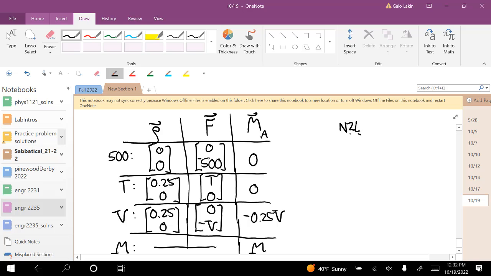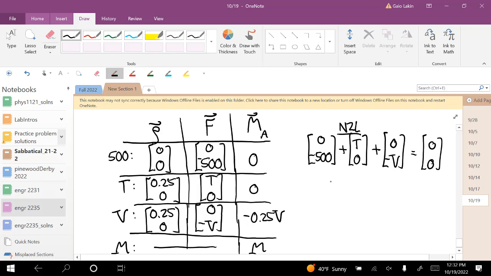So now Newton's second law says 0, negative 500 plus T, 0 plus 0, negative V is equal to zeros. So T is 0. This thing is not in tension or compression at that point. V is negative 500.